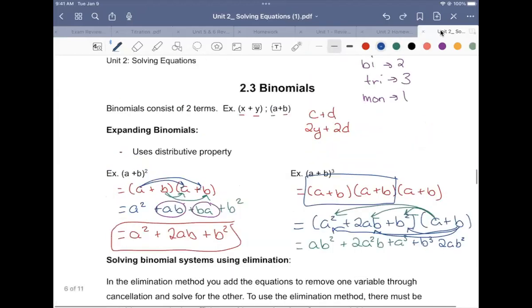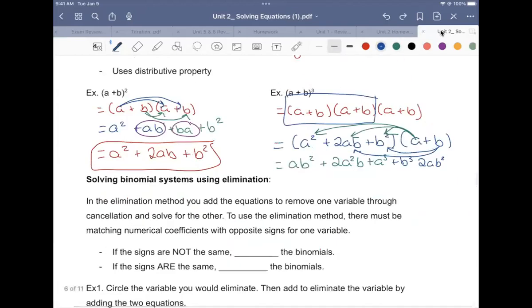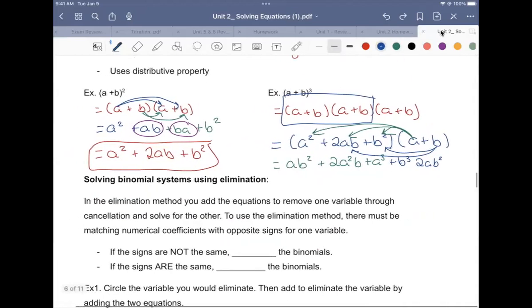Oops, I'm running out of space, and that's getting 2ab squared plus a squared b. I can then go through and collect my like terms if I have any, which I do not have, and that would then be my final answer.